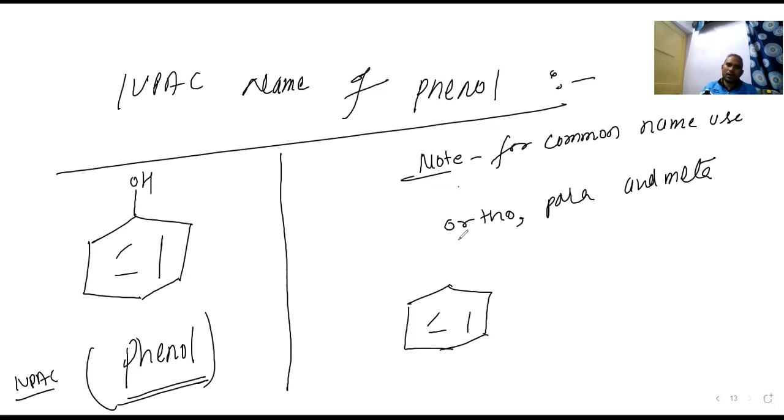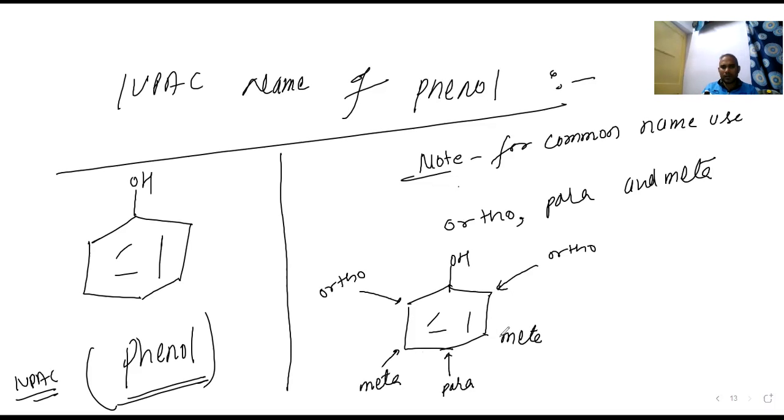The first position next to it is ortho, this one is also ortho, and the last one is para. Between ortho and para there should be meta. Are you getting the point?